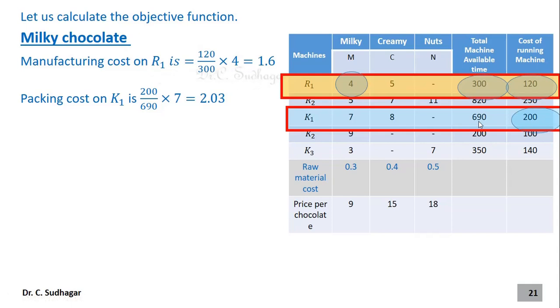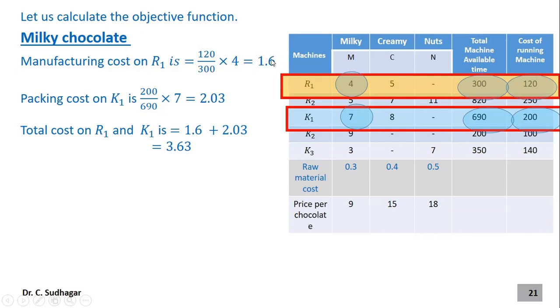For 690 hours, 200 reals we have to spend. For 1 hour we have to spend 200 divided by 690. To make the first type of product, we have to run the packing machine for 7 hours. So the amount we are going to spend is 200 divided by 690 into 7, so 2.03.